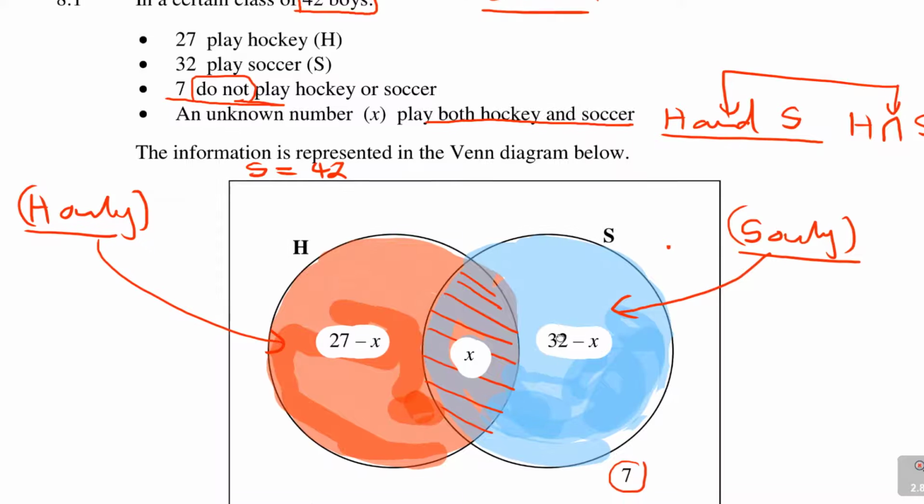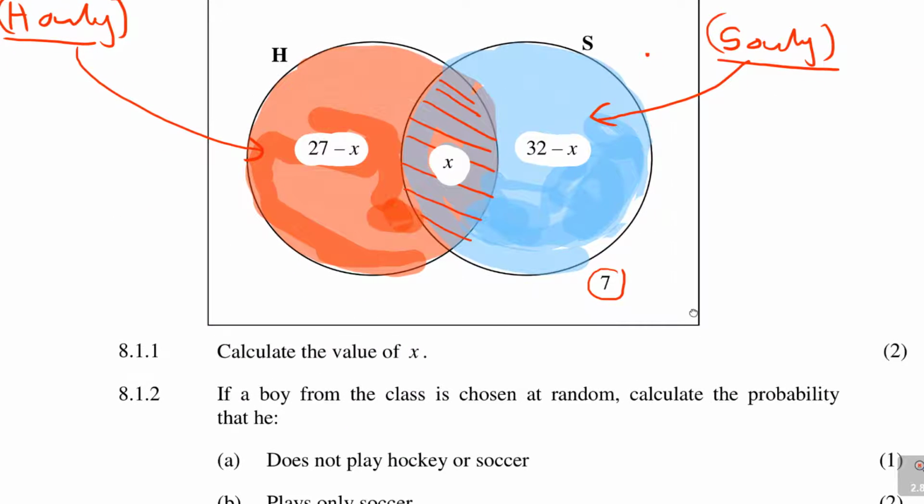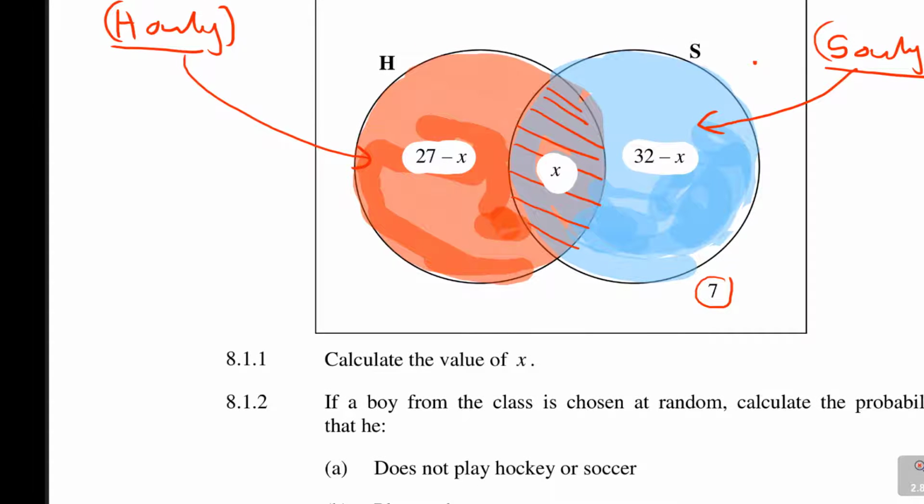So now if they give you information, they calculate the value of X. Now this is what you need to do. It's not complicated, but you need to be very sensitive. You are going to take the 27 minus X and then you add the X and then you add the 32 minus X. But now look at this, and then don't forget you add that 7.